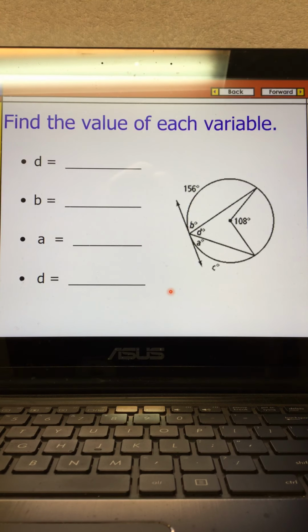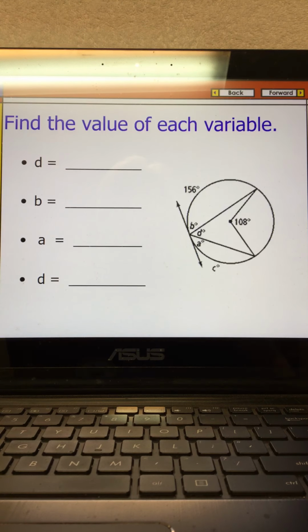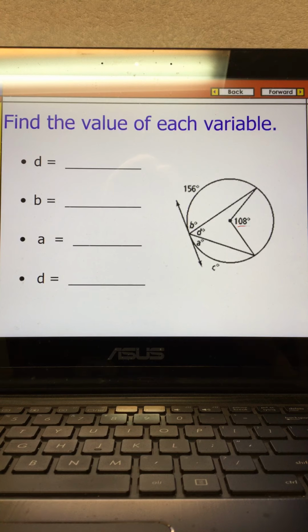Okay, one last problem. Now there's lots of stuff going on in this problem, everything we've talked about so far. Right here we have a 108 degree central angle. Y'all remember that means that this arc out here in front is 108. This is the central angle. They are identical measures to each other. But now back here at angle D, think about it.